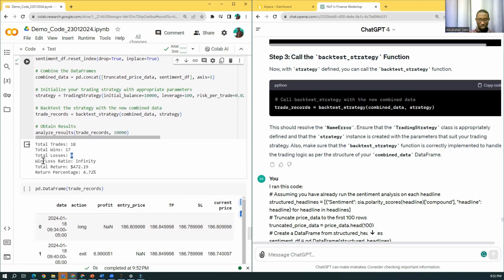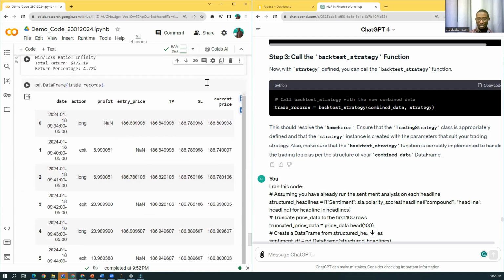Because there are no losses, the win to loss ratio is 17 divided by 0, which of course is infinity. I was able to make $472 from $10,000, which is roughly 4.72%. Not bad. And look at this, this is the summary. Let's see if I can make this.